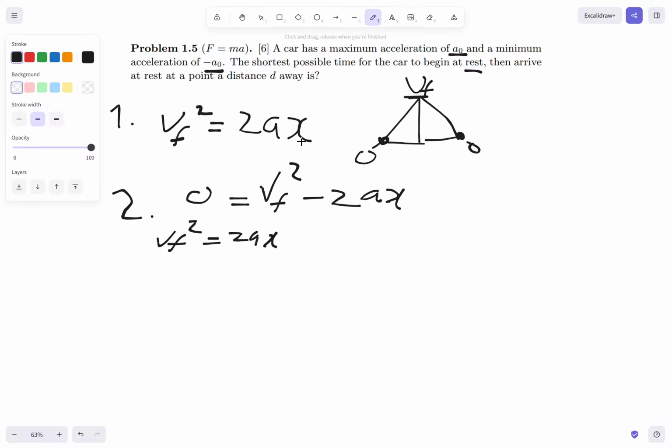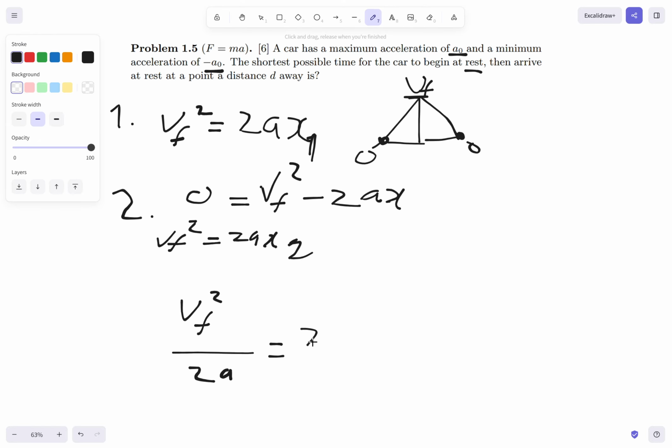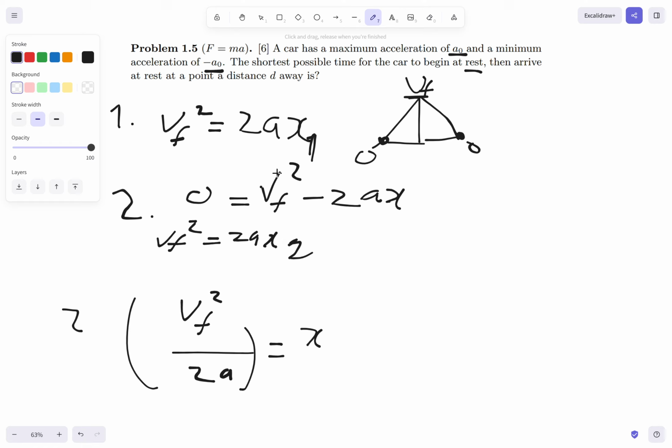And you get the same equation twice: 2ax. So now we just solve. This is going to be displacement 1, displacement 2, so vf squared all over 2a equals x.